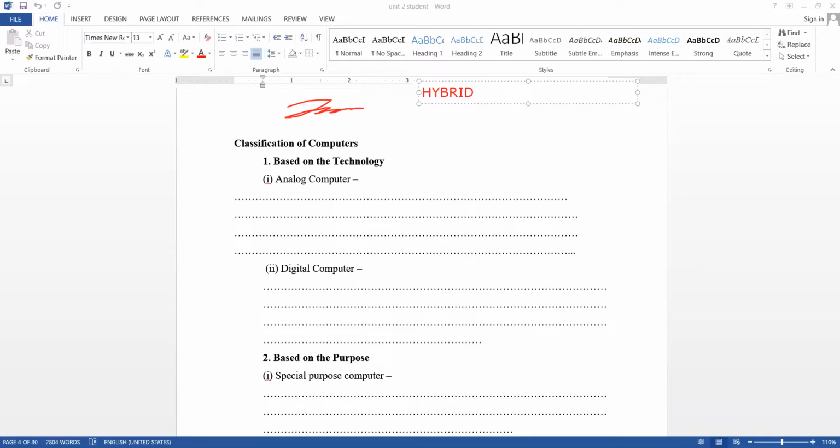Another write down: these are the computers that use both analog and digital technologies.